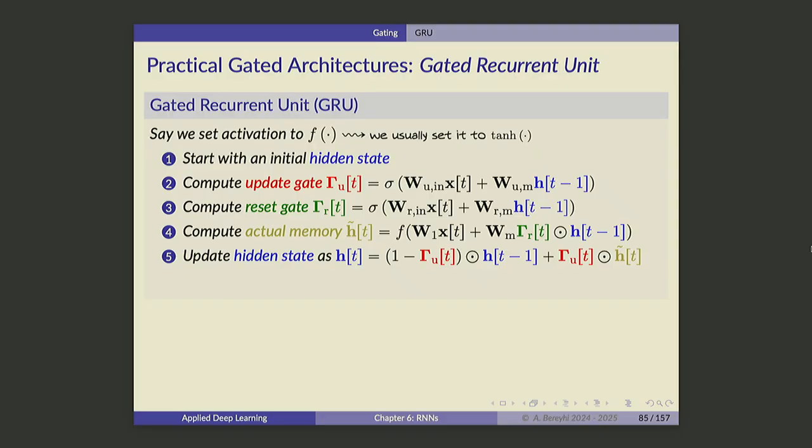Reset gate is the green guy. The green guy should be of dimension of same thing, right? H. So your reset gate, your update gate here, your hidden state, and your actual memory, everything you are computing here, all of them are of the same dimension, right? Everybody's cool? You see that?